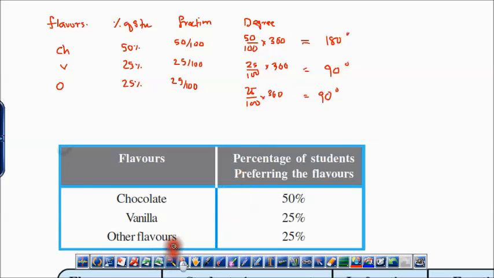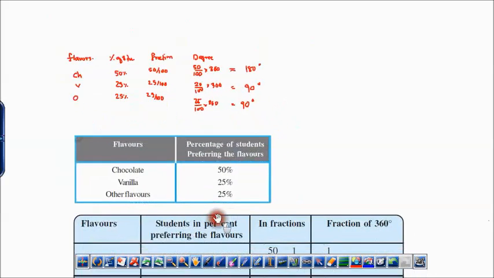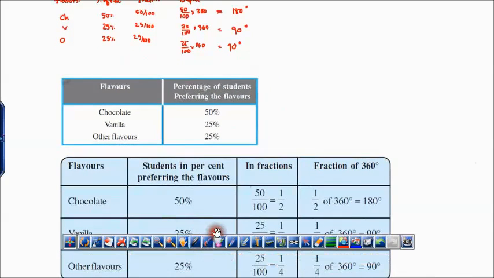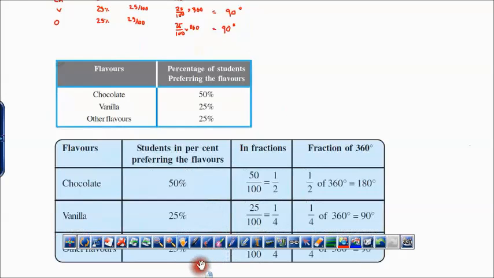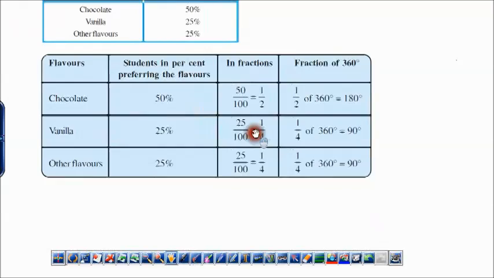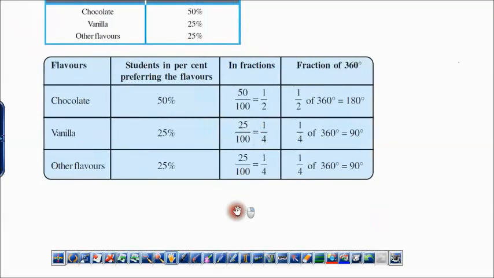That's how you create a table. I hope you have written it. ये रहा डिटेल में. So the first column will be the category, then percentage, then fraction, and fraction multiplied by 360, the result.